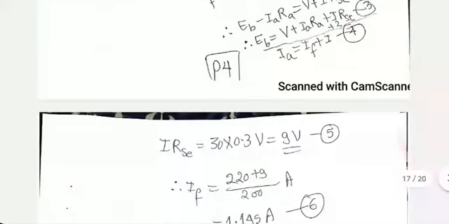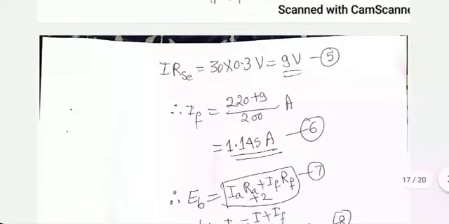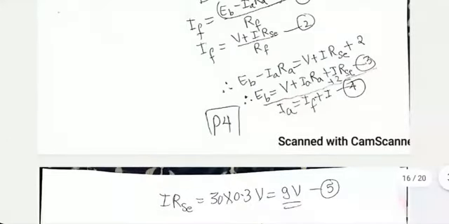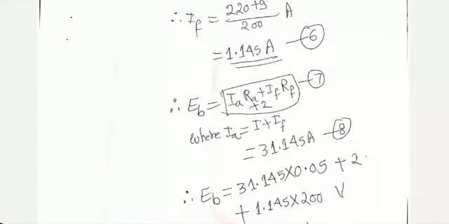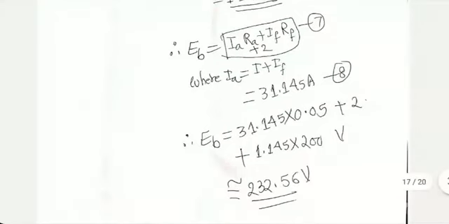It turns out to be 1.145 amperes. Then EB is easy to figure out from this equation. Of course, you need IA before that, so that can be calculated also. So EB value in this case turns out to be 232.56 volts. Calculations are simple, they are not that difficult.